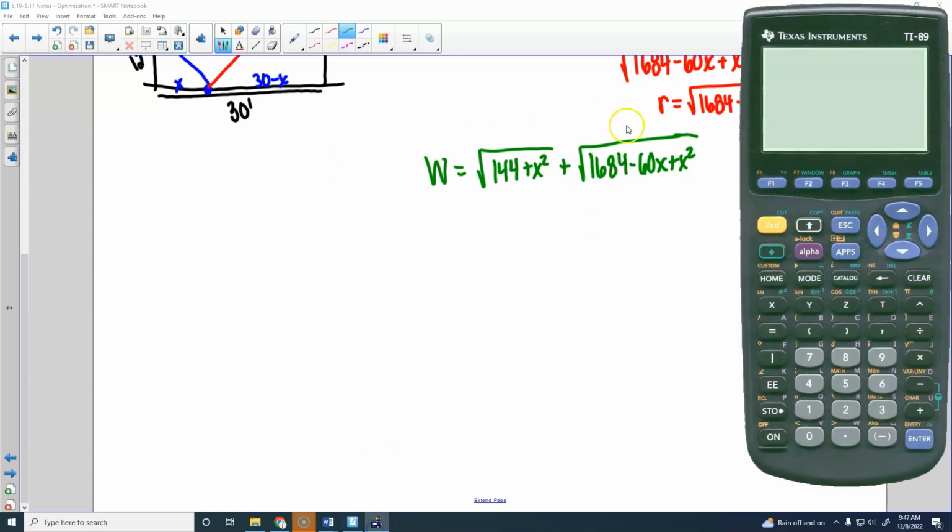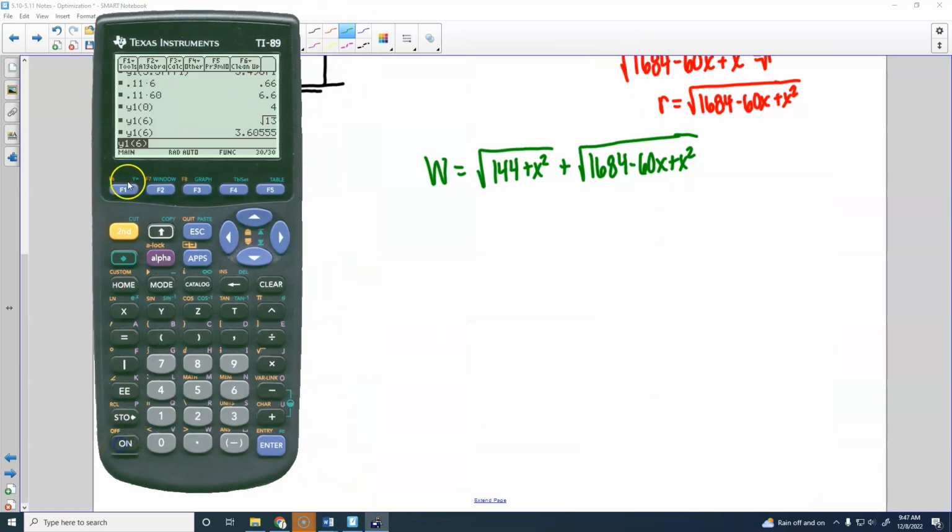So if we look at this, if we type this into our y equals, so I put that into y1.